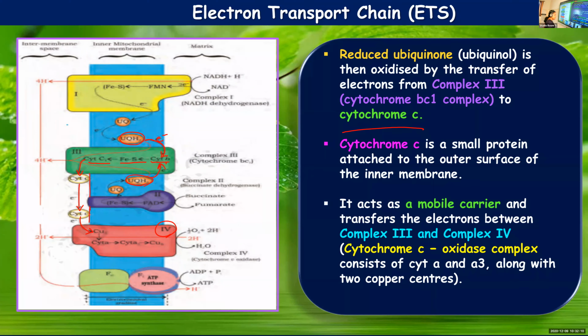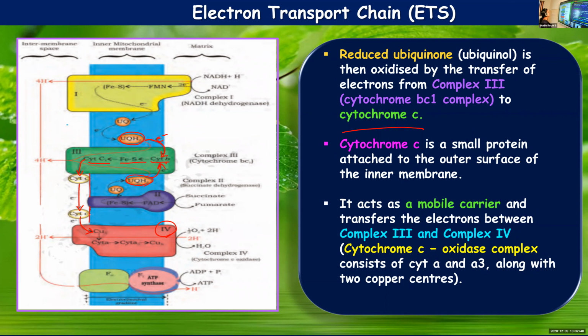How is it getting oxidized? When they accept protons or electrons, they get reduced. But when they donate, they get oxidized. So the electrons from ubiquinol will be donated to complex 3 and it gets oxidized.